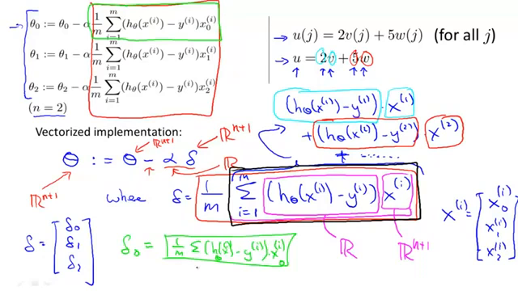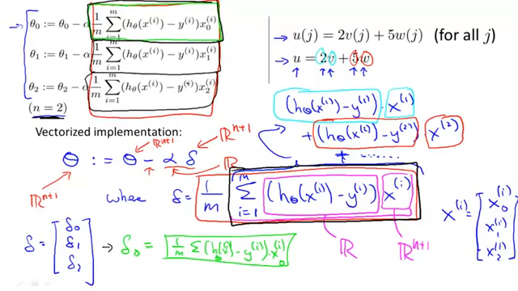And concretely, if n equals 2, the 3 elements of delta correspond exactly to this first thing, to the second thing, and this third thing, which is why when you update theta according to theta minus alpha delta, we end up carrying out exactly the same simultaneous updates as the update rules that we had on top.